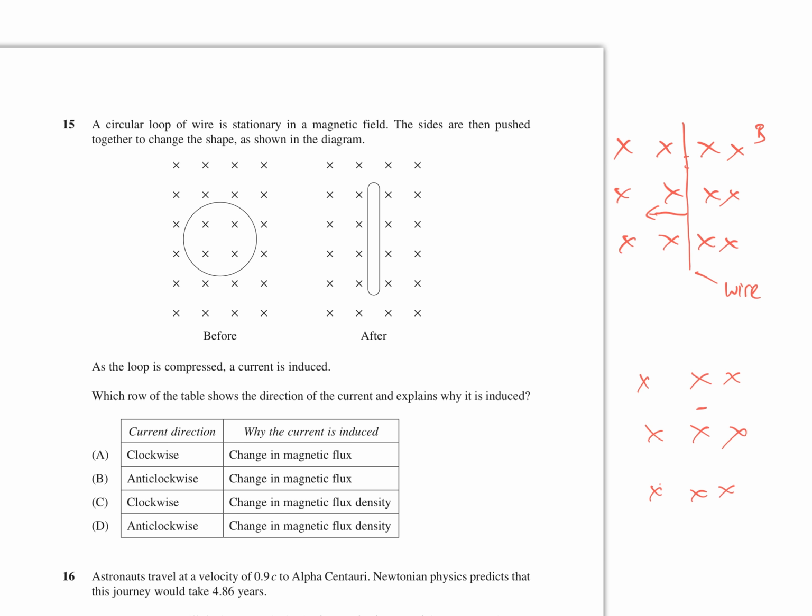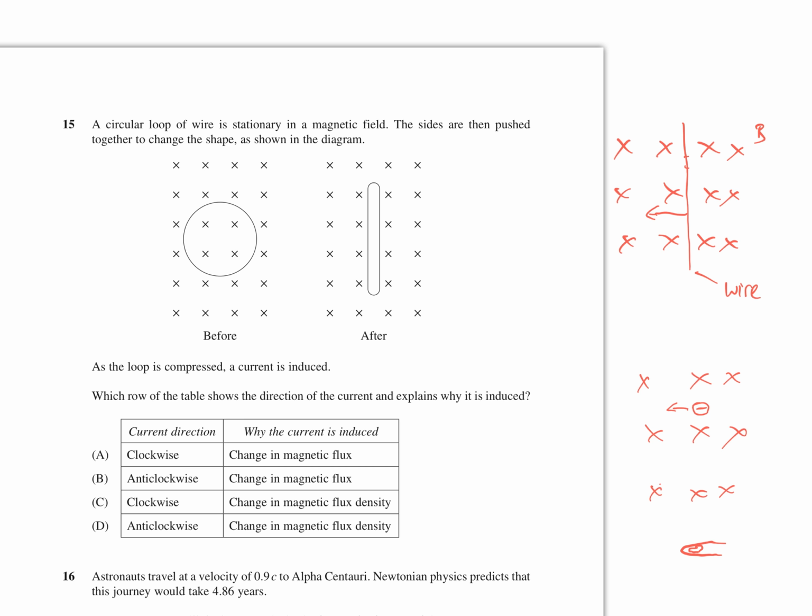So the electrons, if they move this way first inside the wire, they're not feeling any force while it's still, then they get moved to the left. By the right hand palm rule, the thumb is in the direction of the electron, or the moving charge.